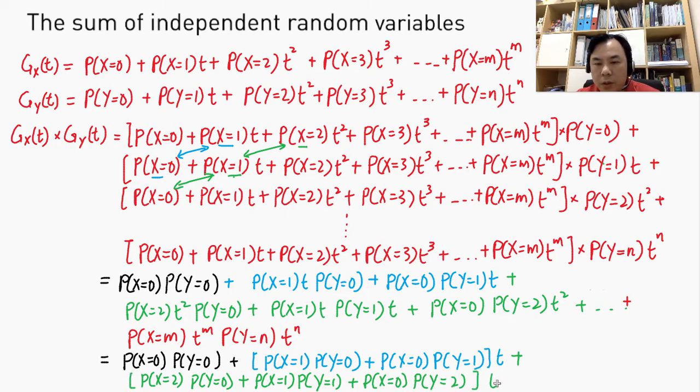You see that this is actually t squared. And then, of course, lastly, we will add up with the last term, which is Px equal to m, Py equal to n, and then t^(m+n). And then there you have it.